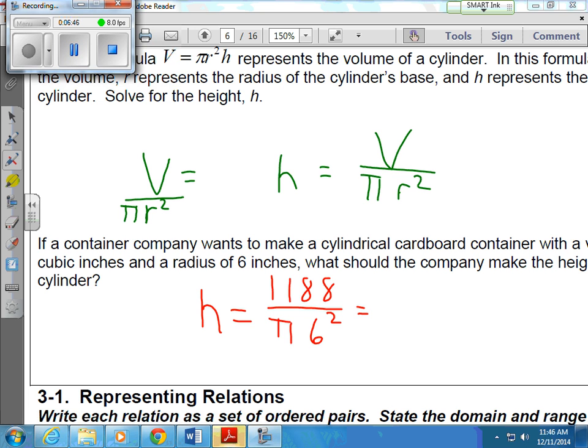And then also divided by 36. It came out to 10.5, is that right? Even rounded, that's correct. What's our height? So this is in inches.